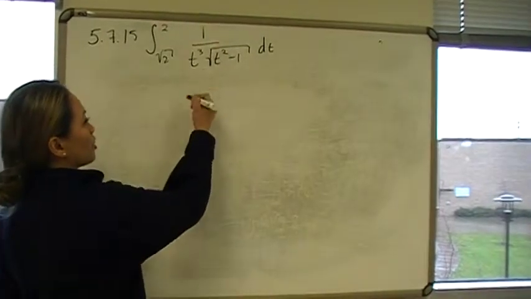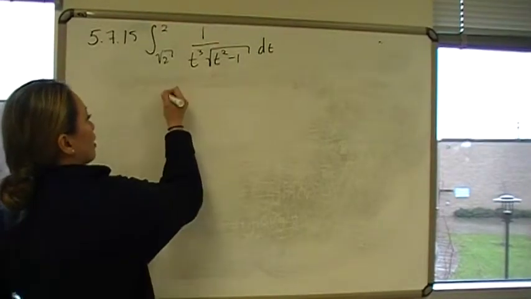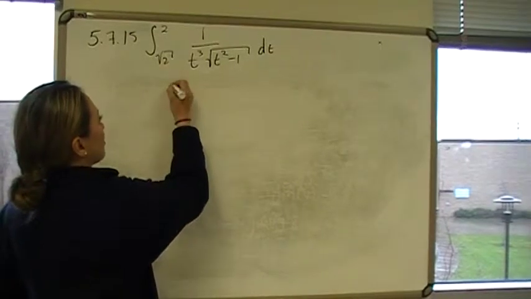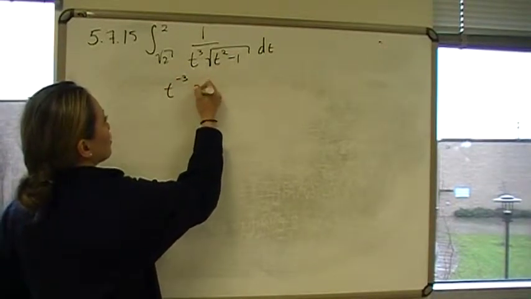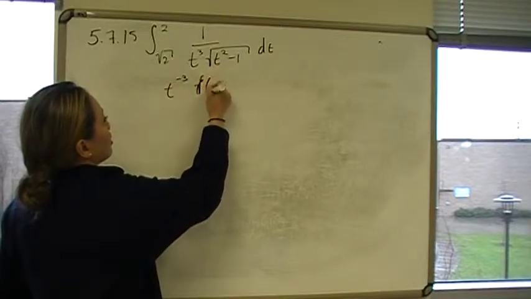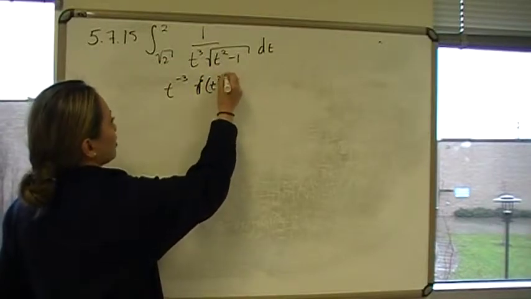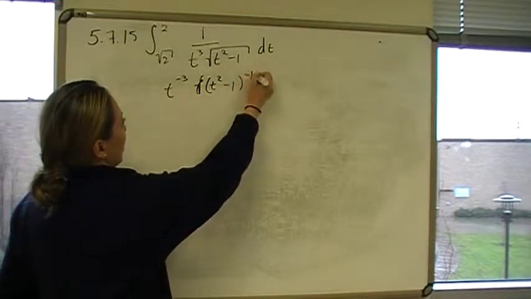In this one, if we were to try and turn this into an integration by parts problem, we have t to the -3 times root t squared minus 1 to the -1/2.